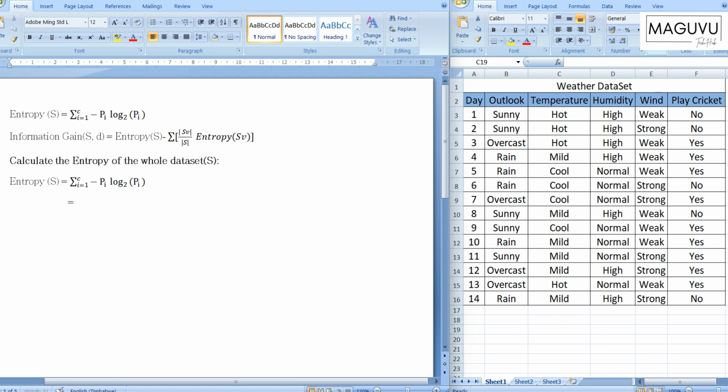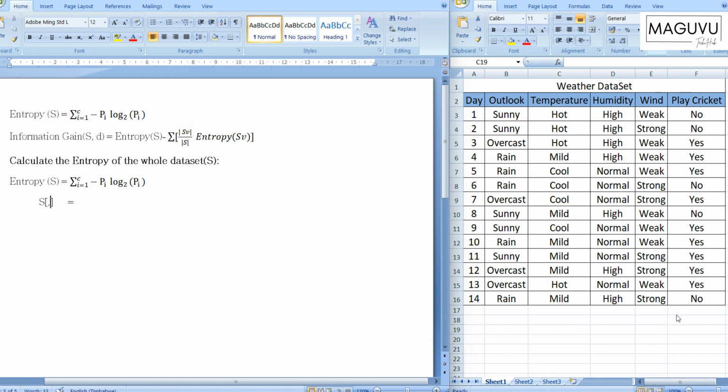Just before I do that, let me just, for presentation's sake, say S, and then look at the proportion of S, the representation of the values of S, where we are looking at the entropy of the whole data set being the target variable. So the target variable has got a total number of 14 days or rows as represented in our table there.